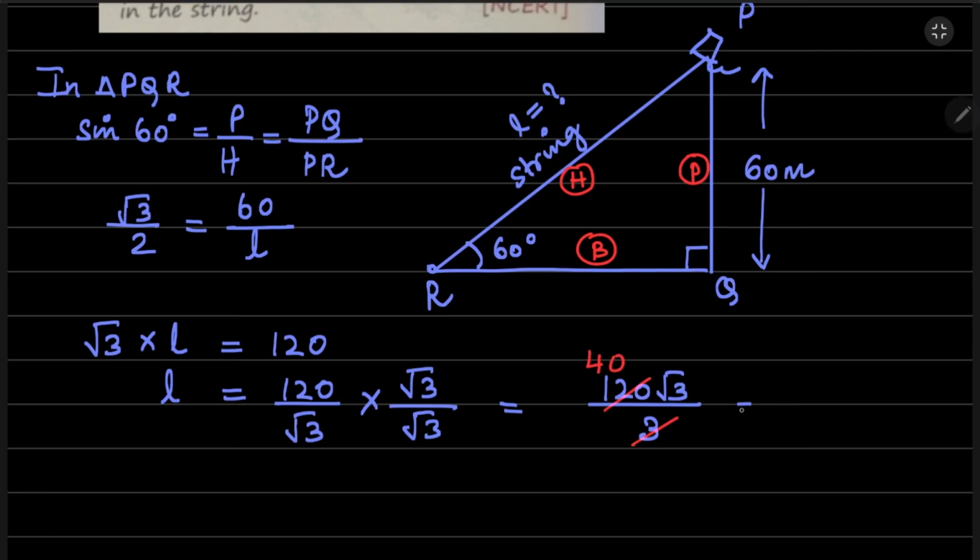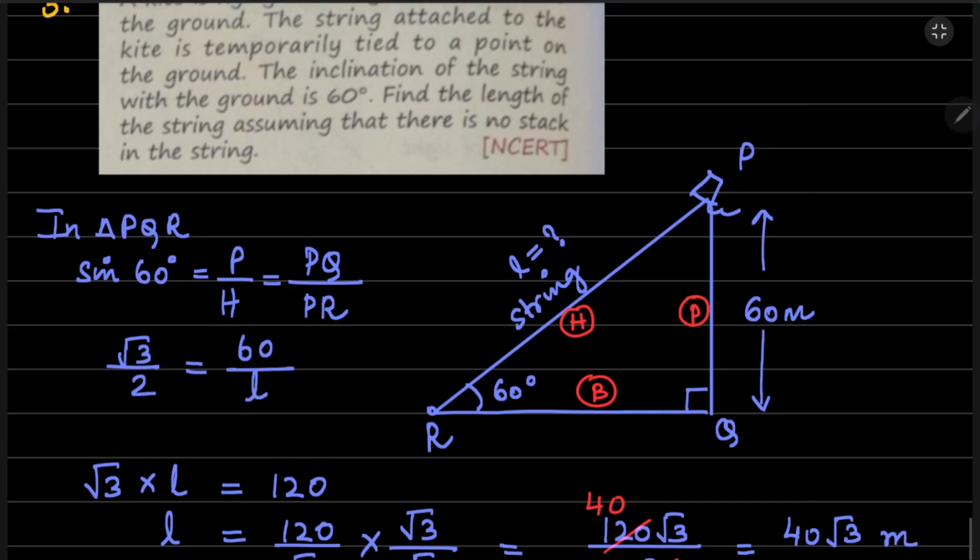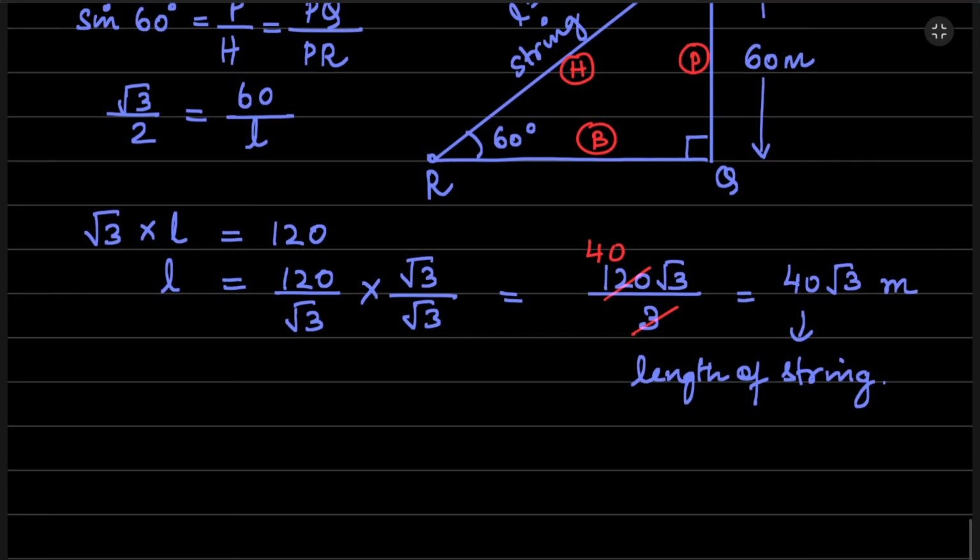So what do you get? 40 root 3 meters. This is the length of the string. You have to find the length of the string assuming there is no slack. So the final answer is 40 root 3 meters.